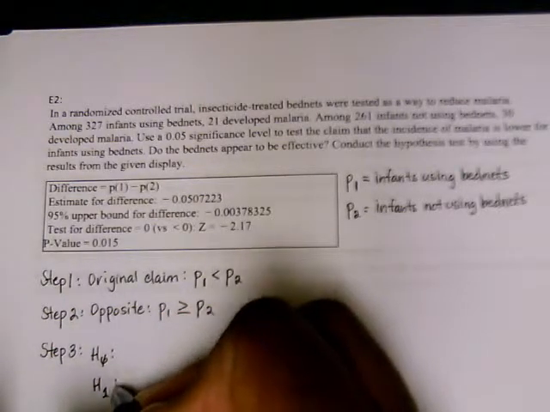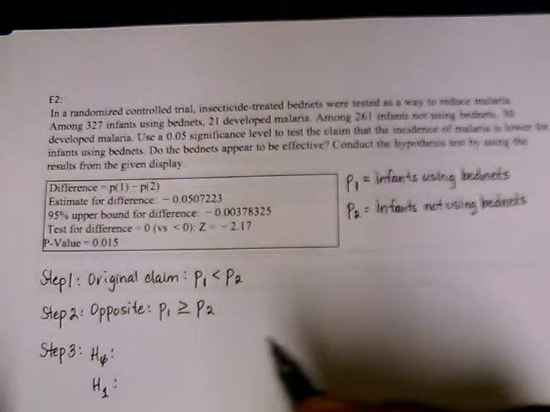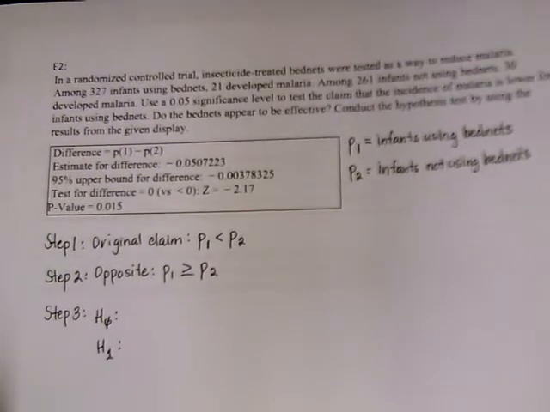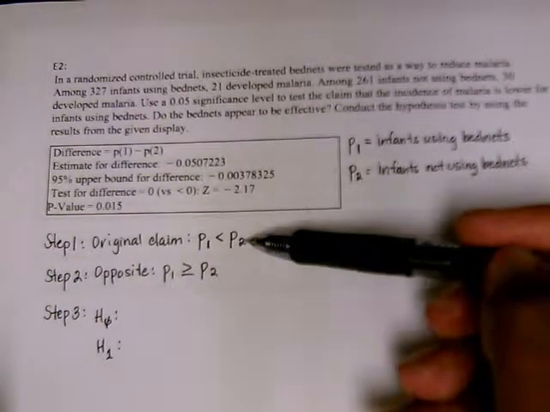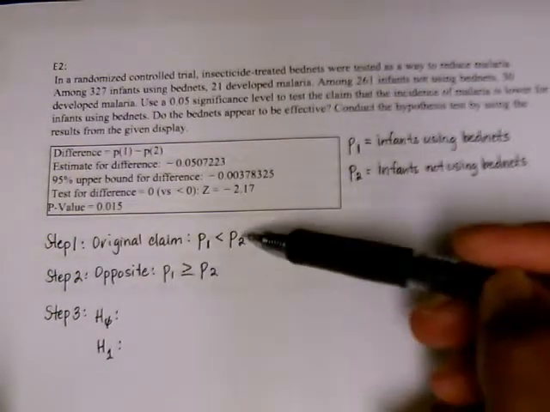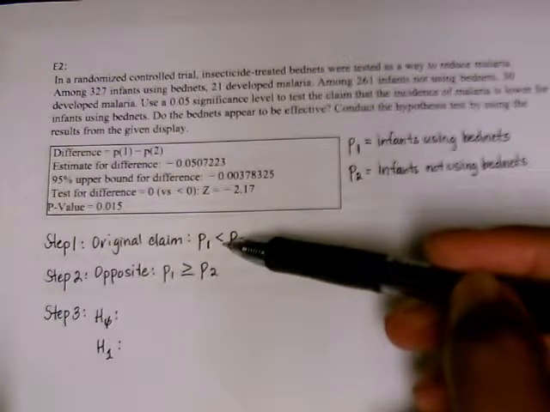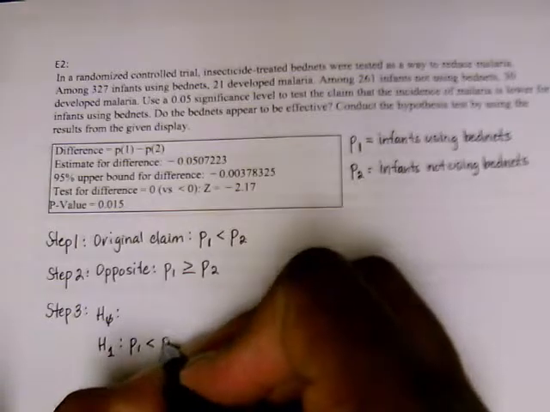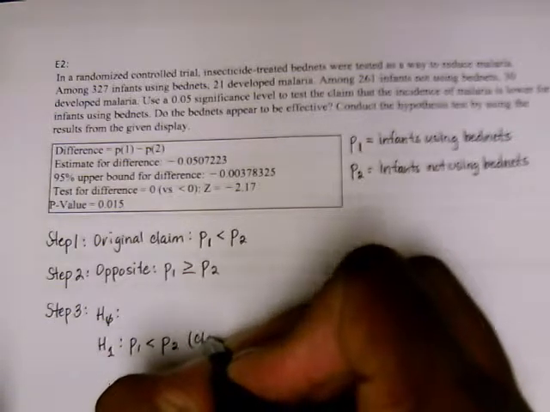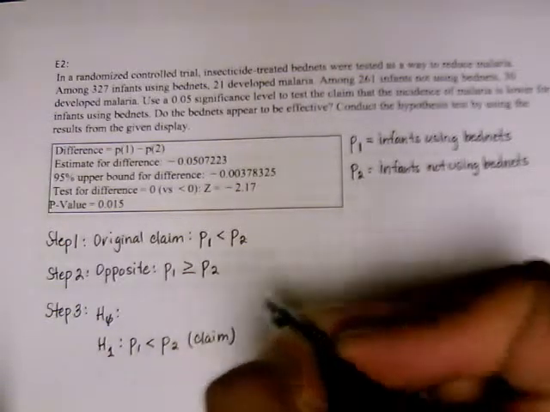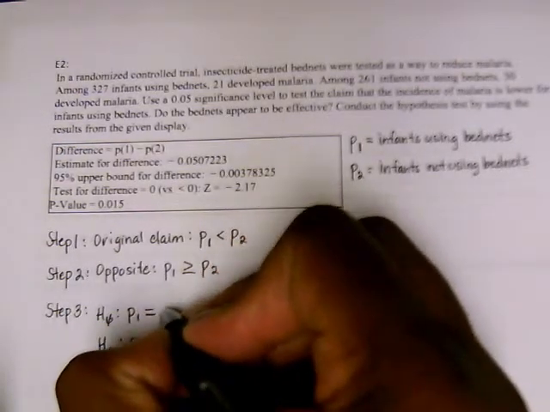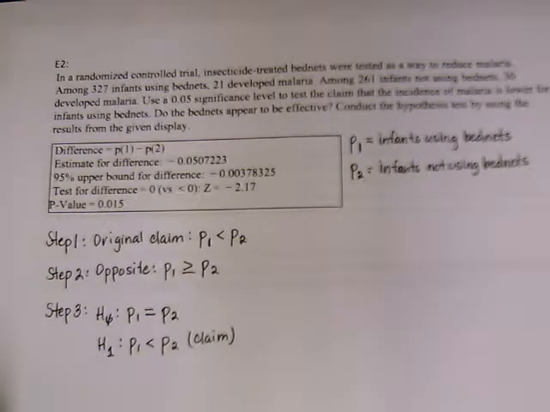Your alternative always has the statement that doesn't have equality in it. So we have to use the original claim as the alternative hypothesis because it does not have equality in it. So we have to say P1 is less than P2 as our alternative hypothesis, and that's the original claim. The null always has the equal sign, so this will be P1 equal to P2.